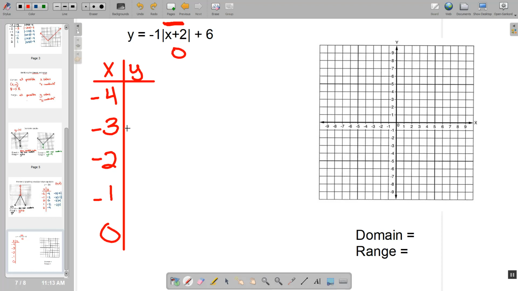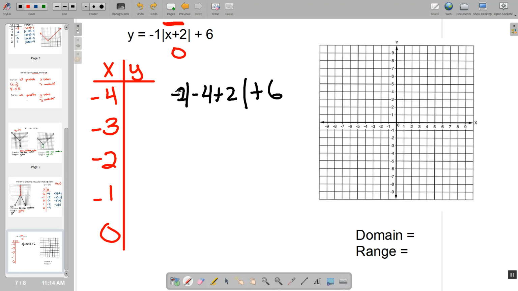Okay, so let's start with -4 and plug it into our equation and see what I get. Now this should be a 1 here. Okay, so we work inside the parentheses first. This is -2. Absolute value of that is +2.